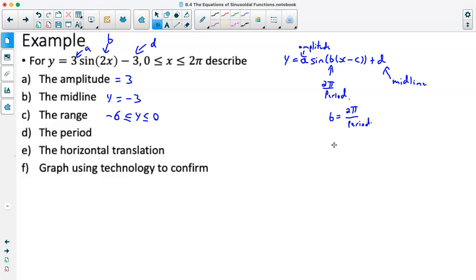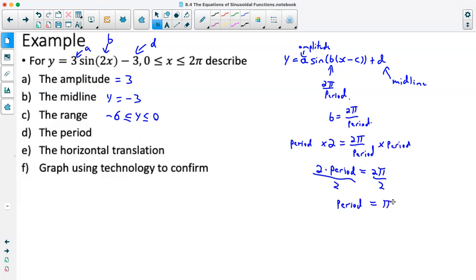We have a B value of 2, so 2 equals 2 pi over our period. We'll multiply both sides by the period to get out of our denominator. So 2 times our period is equal to 2 pi. Divide both sides by 2. Our period is going to be pi.